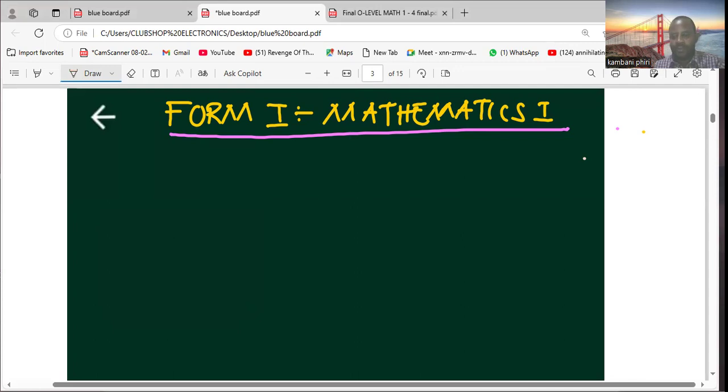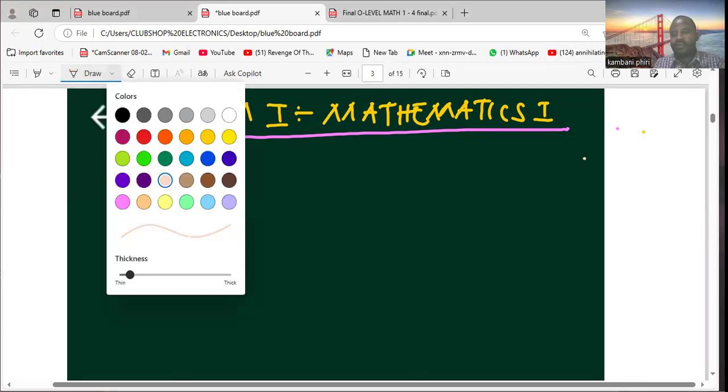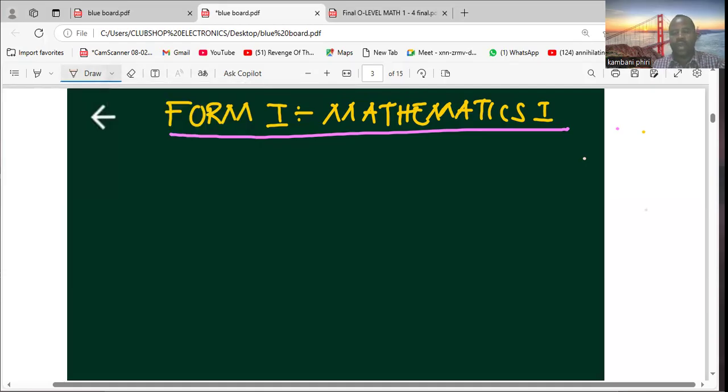The implication is that subjects have been realigned, and maths is one of them. So for Form 1, we have got Mathematics 1 and Mathematics 2. In this presentation, I'll deal with the first topic in Mathematics 1.